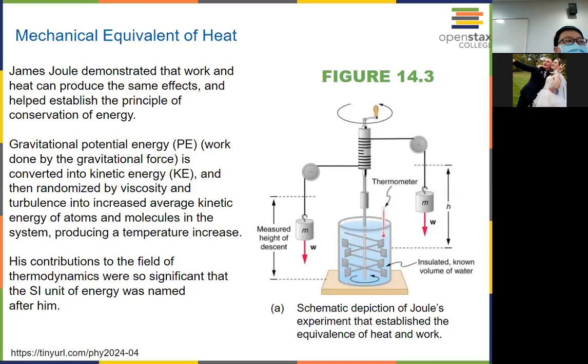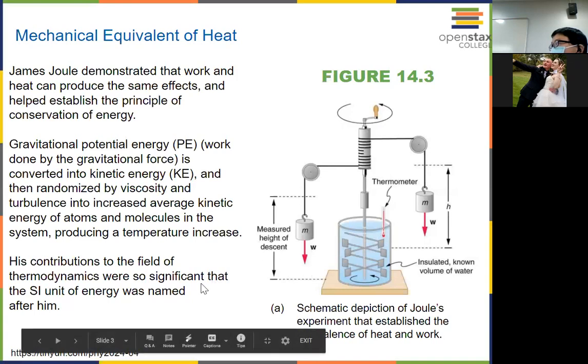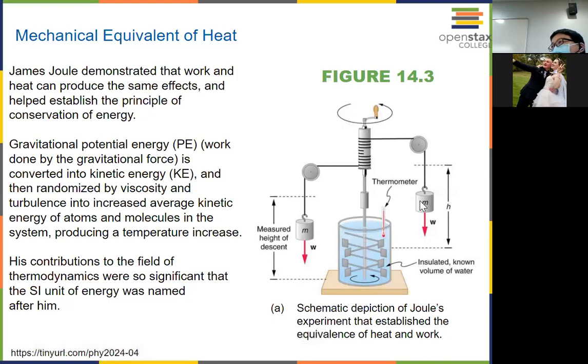He found that to increase the temperature by 1 degree, you need 4.186 joules of energy. Due to his contribution to the field, the SI unit of energy is named after him, the joule. This experiment demonstrated the equivalence of heat and energy. So heat is a form of energy.